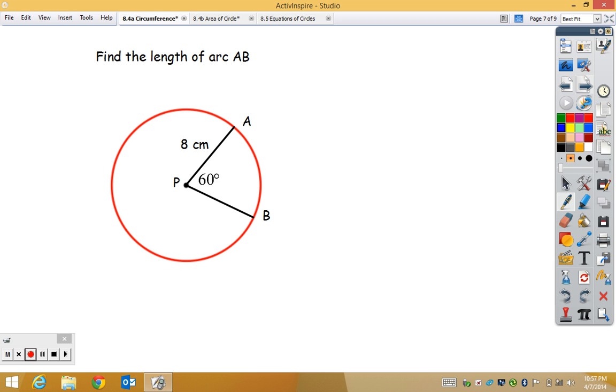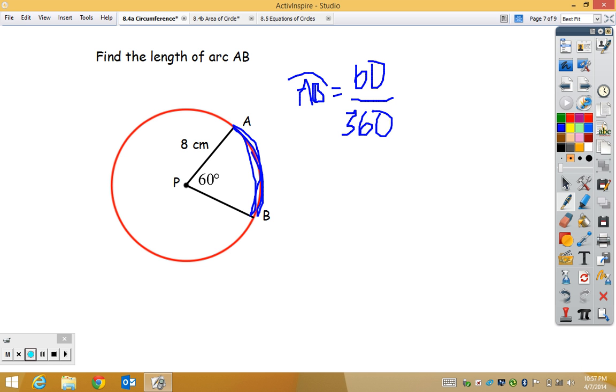So if we look at a couple examples, we want to find the length of arc AB here. So the length of arc AB equals our angle 60, or the measure of our arc, which is 60 over 360 degrees, times 2 pi times our radius, which is 8.